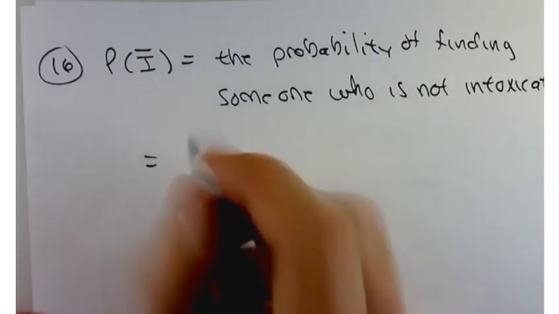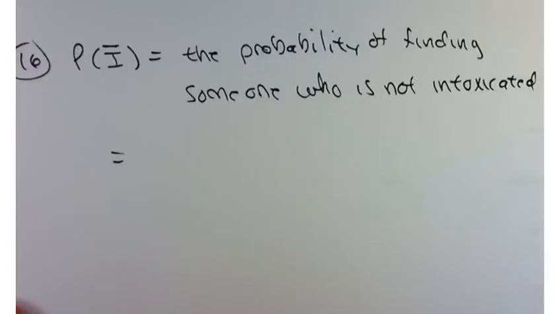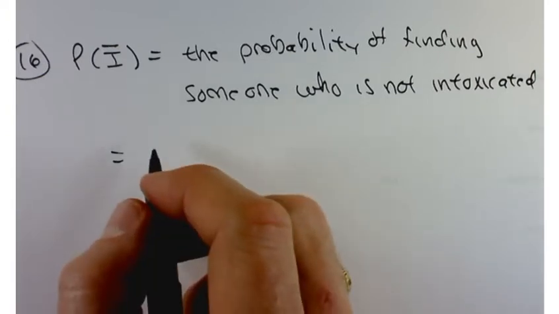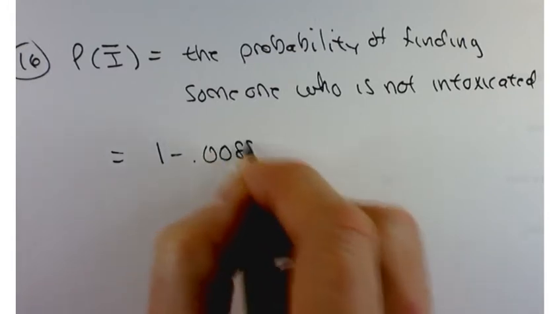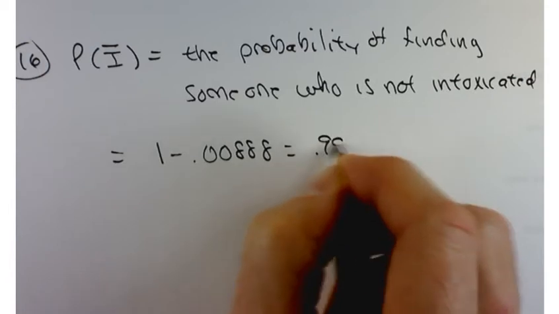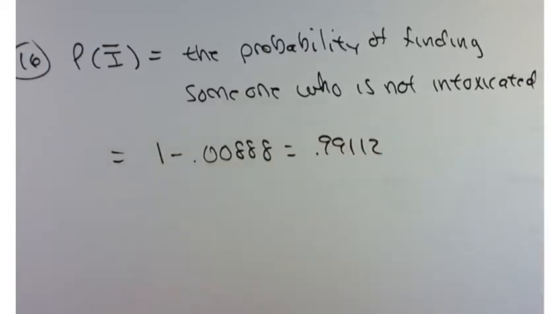What is that probability? 1 minus 0.00888, which is 0.99112. But if you did it the other way, that's fine.